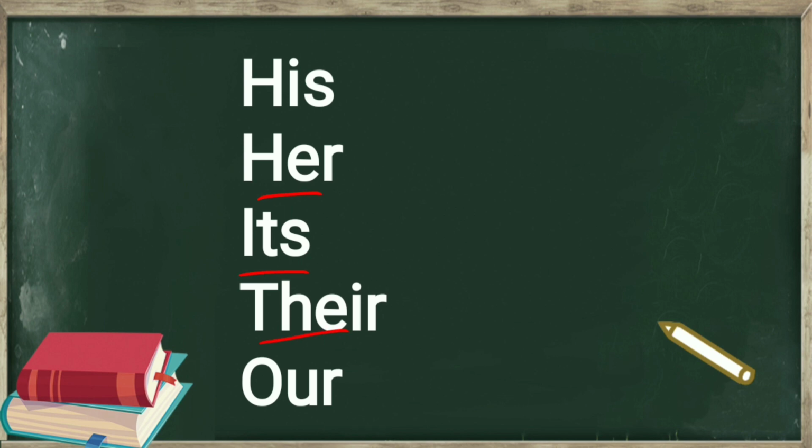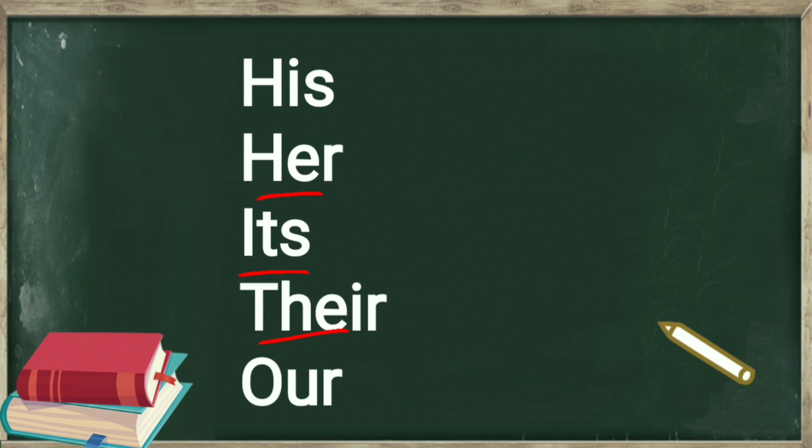Next, their. Their is used when the things belong to more than one person. Okay. So if there are many people, then we use the word their books, their table, their classroom. Next, our. Our is used when it belongs to many people including oneself.